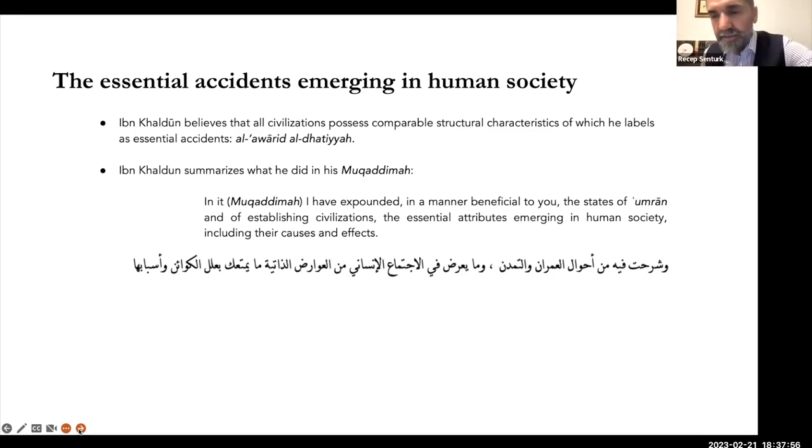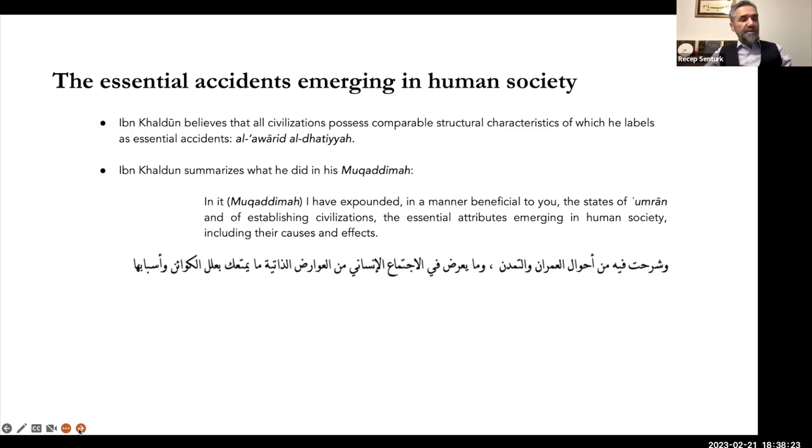So he says this clearly in Arabic, وشرحت فيه من أحوال العمران والتمدن. So he's saying that in that book, I explained states of civilization, states of society, and also tamaddun.